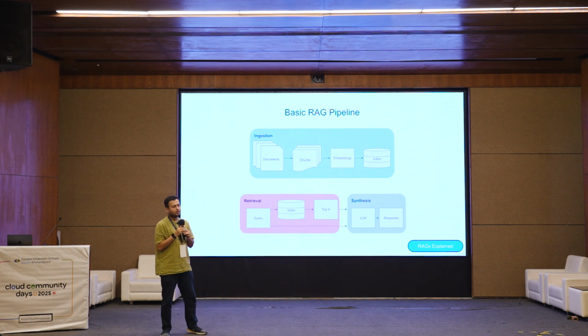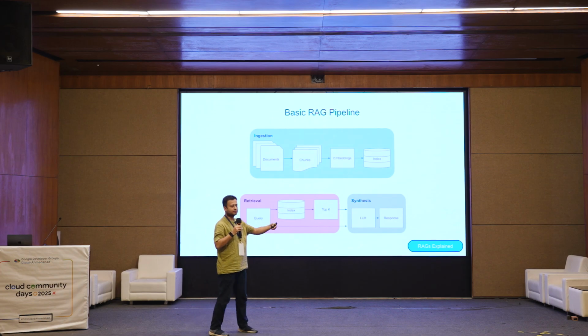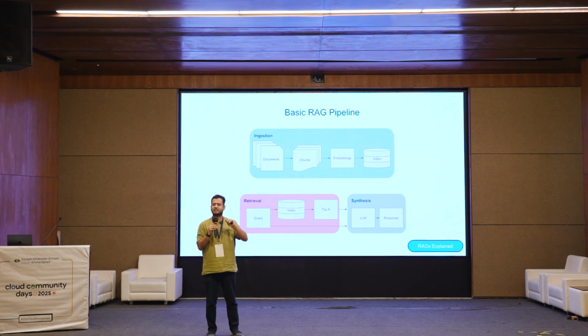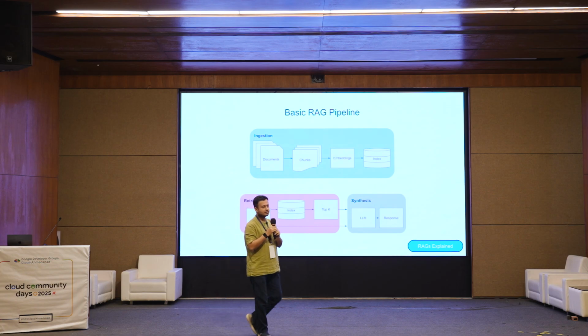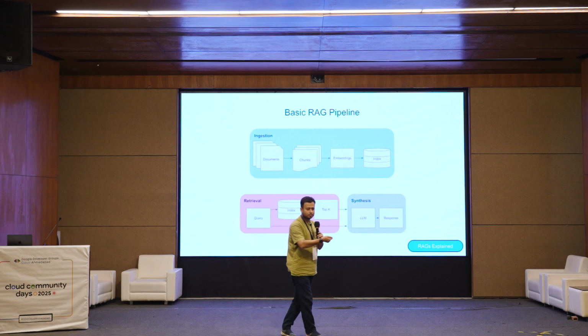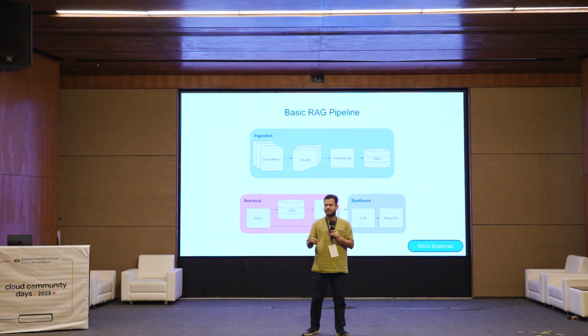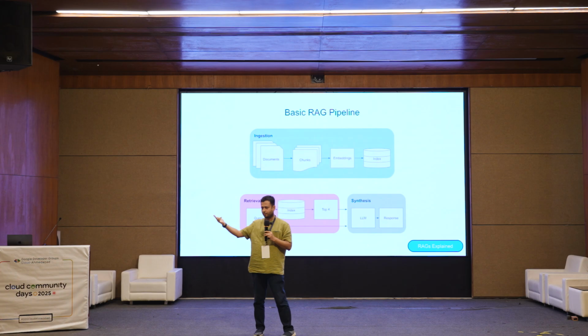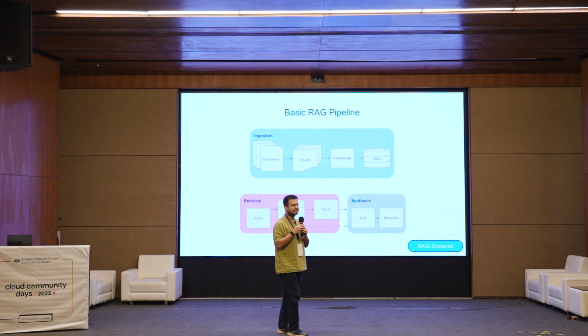Now if I'm given this particular document, the first thing that we do is something called chunking, right? Chunking breaks down the document into multiple smaller sections so that the LLM can process the data that comes in and generate responses as well. So the first piece is chunking.